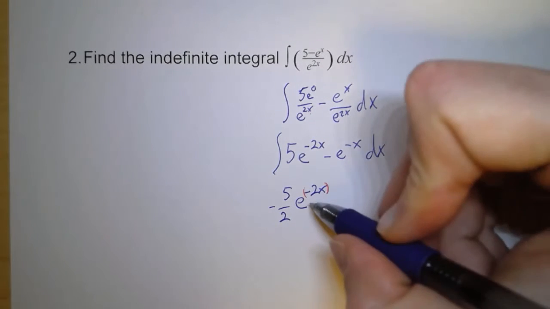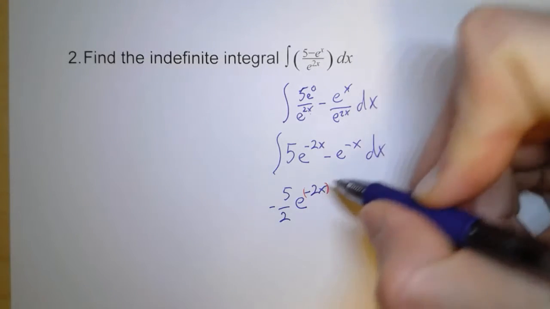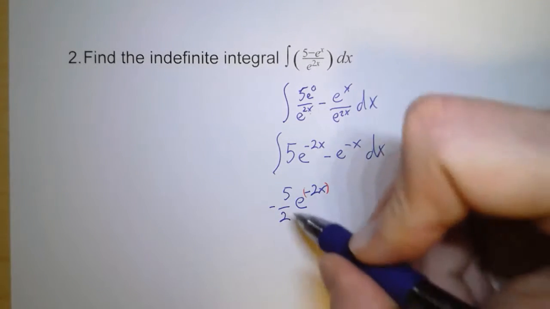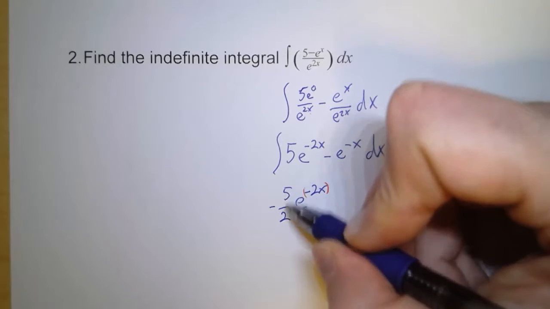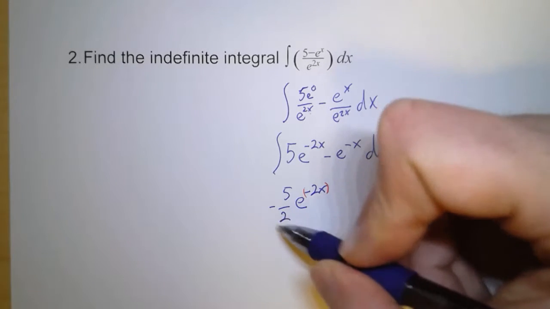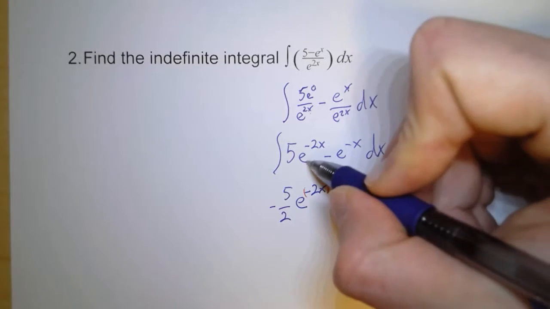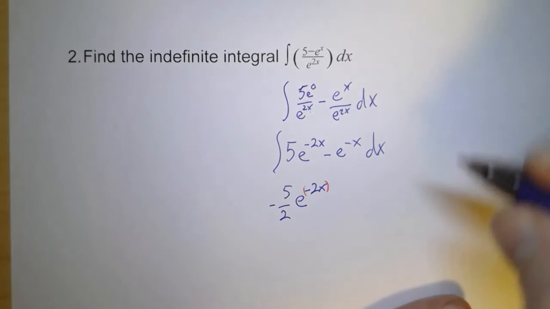And so what is the derivative of negative 2x? Well, it's negative 2. And that's going to end up being multiplied down in front. And so this is why we have this 5 over negative 2 waiting there to cancel it, so that when we take the derivative, we get 5e to the negative 2x.